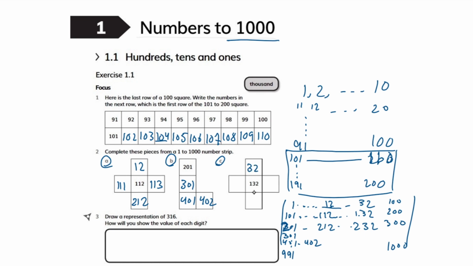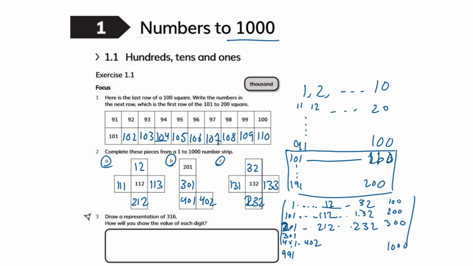The number that comes below 132 is 232. The number to the left of 132 is 131, and to the right of it is 133. This is the answer to question number 2, where we had to complete the 1 to 1000 number strip.